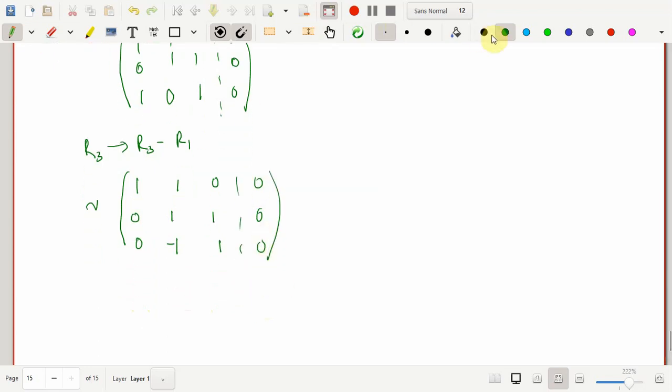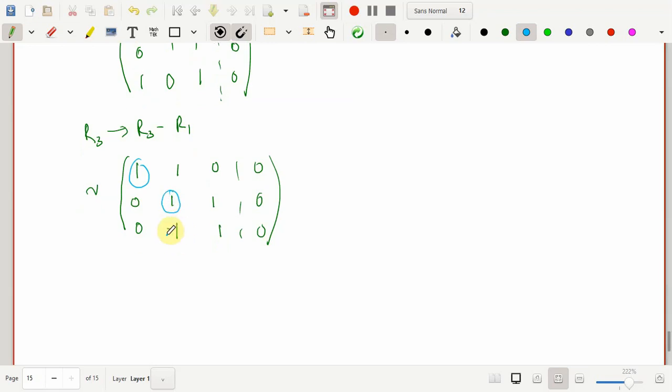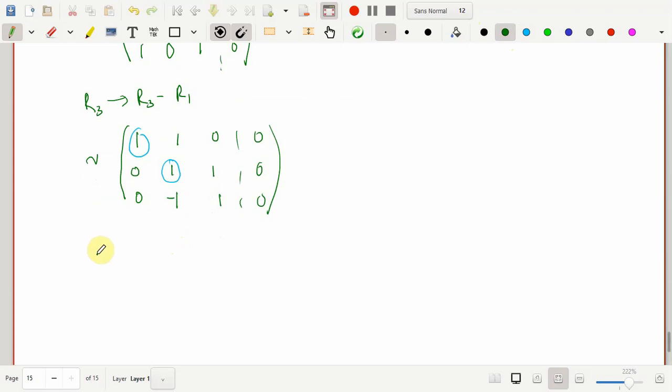So this is your leading 1 in the first row. In the second row also you have a leading 1, but you need to make this entry equal to 0. So how do you do that?